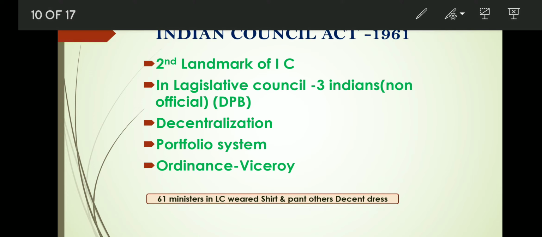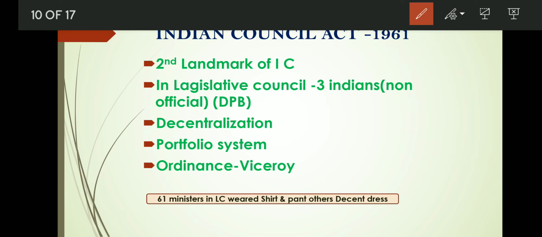So there is one trick for this. 61 ministers in legislative councils wear shirts and pants, other decent dress.